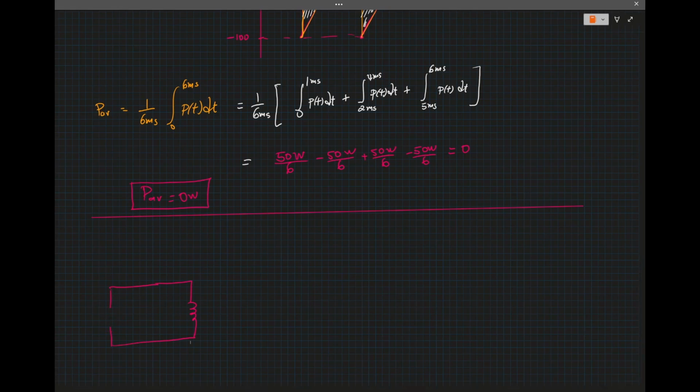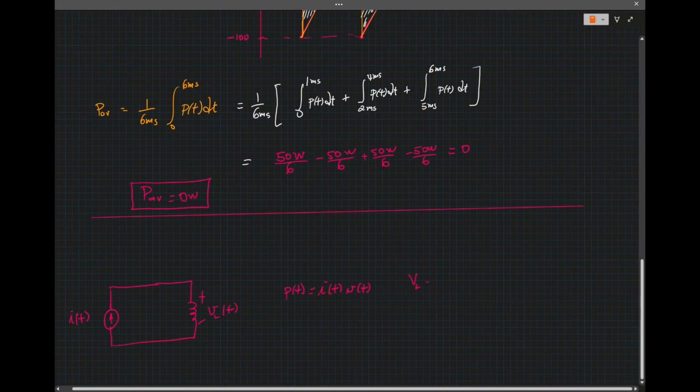So this is a current source, I of t, and the voltage across the inductor is VL of t. The instantaneous power is I of t times V of t, but we know that VL is L dI/dt.